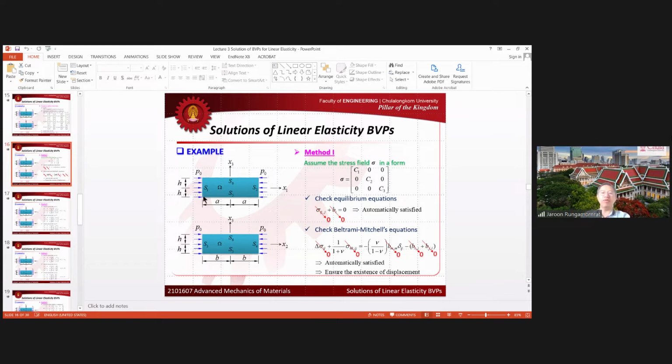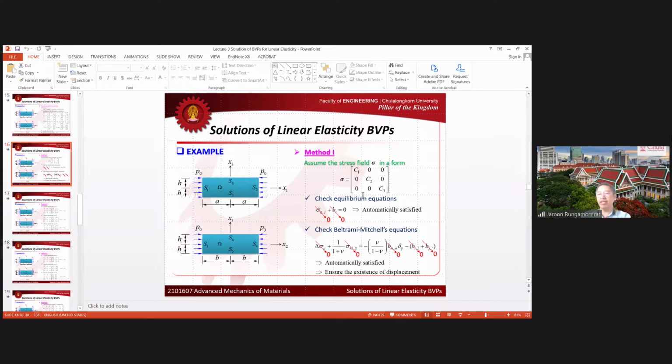Because if you look at this problem based on your common sense, you should know that, okay, stress should be constant based on the information of the problem here. But if you change the loading condition, for example, from the uniform loading condition to a linear loading condition, now you know that stress shouldn't be constant anymore.